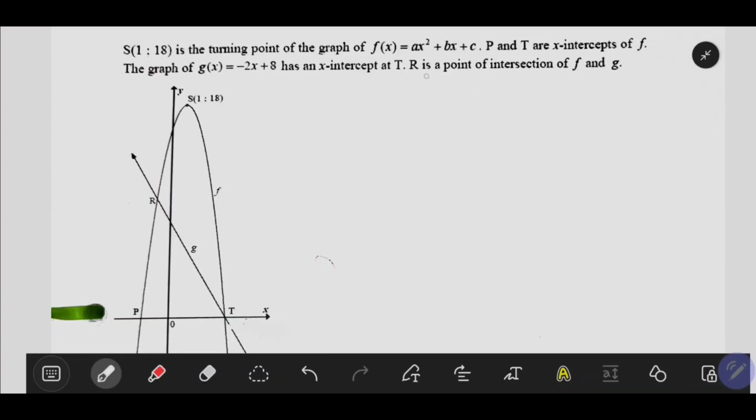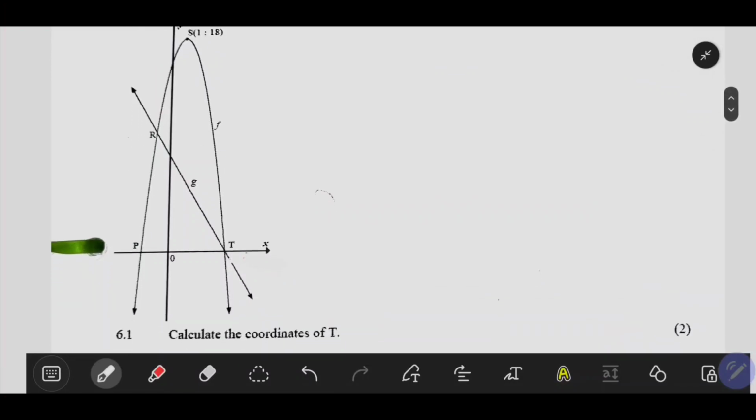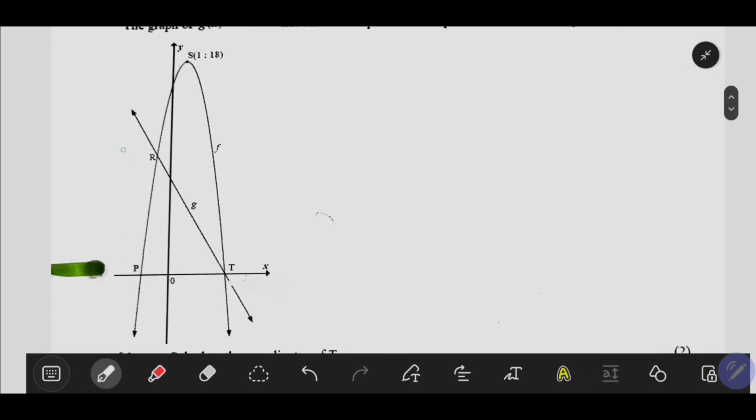Then R is a point of intersection of what? Of f and g. So it means R is a point of contact between the two graphs. So this is the graph. You are given a parabola which has a turning point, and then you are also given the equations of the two graphs.